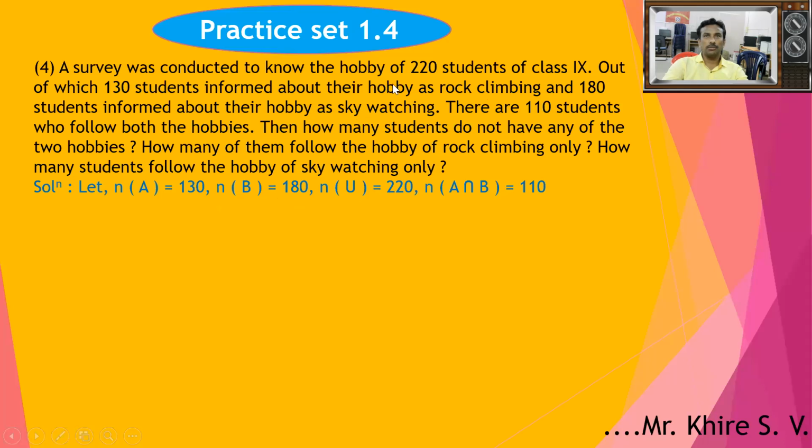And total number of students were 220. Therefore number of U, the universal set, the biggest set, is equal to 220. 110 students follow both the hobbies, sky watching and rock climbing. Therefore number of A intersection B is 110.